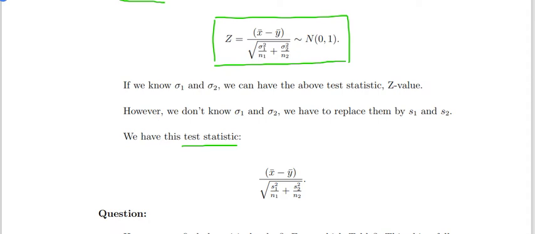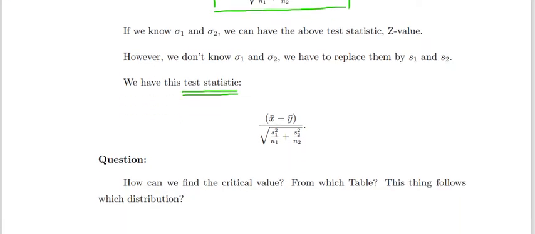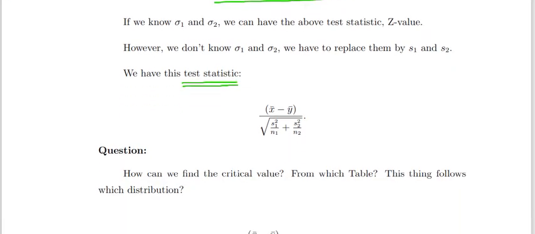We can easily calculate this number, right? But the question is, how can we determine whether this is a big number or a small number? To determine that, we need to find a p-value or a critical value.